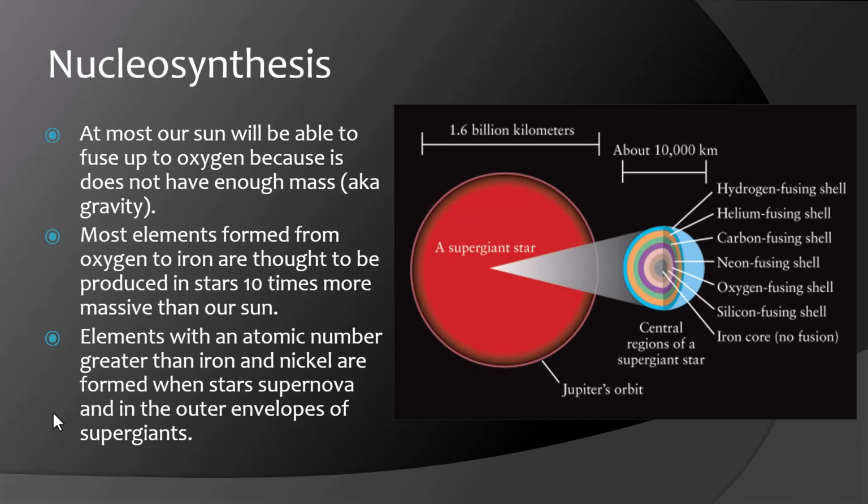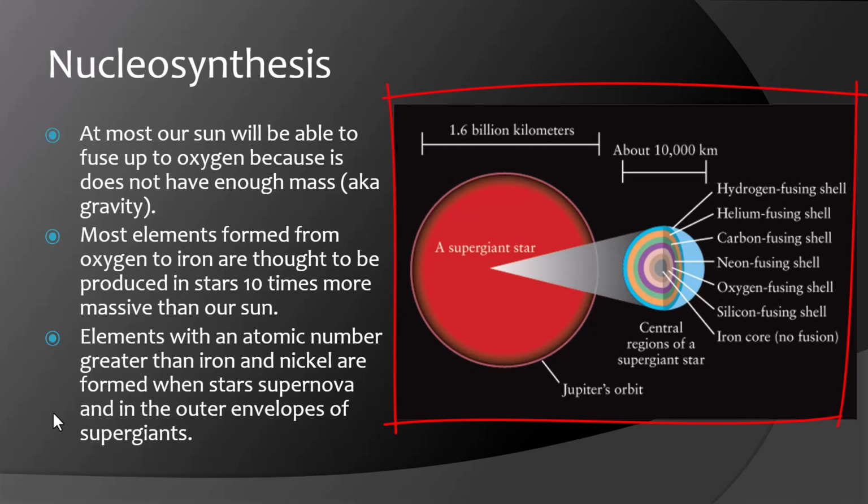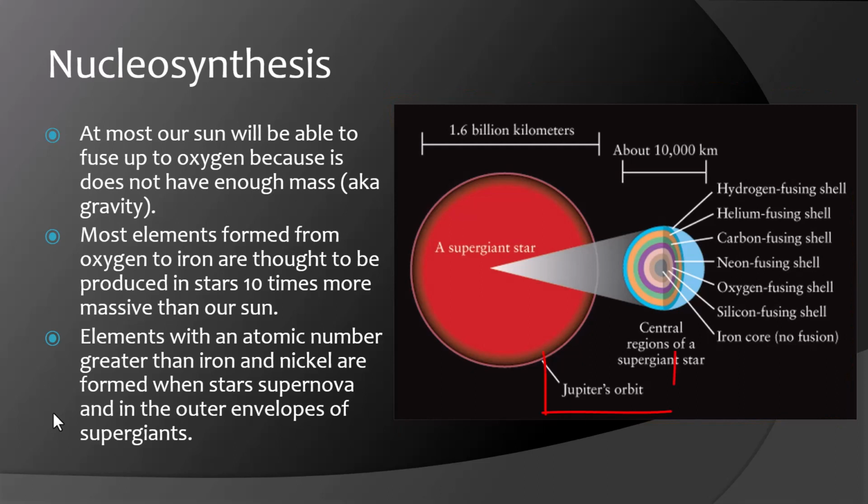We don't know why we can't fuse iron into heavier and heavier elements, but that's the max that we can get. Okay? And if you look at this diagram on the right hand side, this is showing you that a supergiant, like let's say our sun is a supergiant, it will actually be able to reach out to the edge of where Jupiter is located.